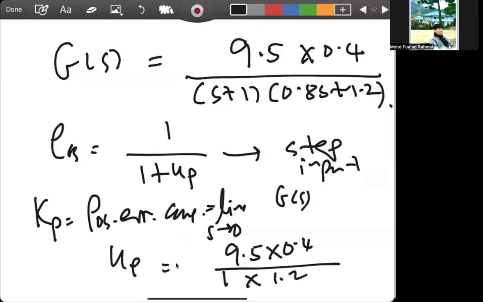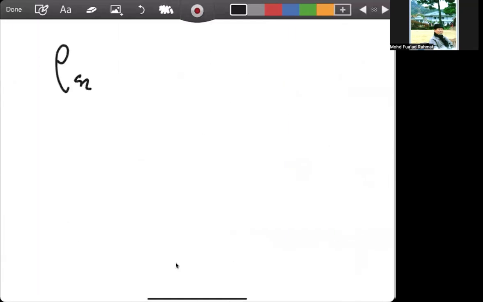Use your calculator: 3.16. Okay, so use this Kp and insert it inside your formula.